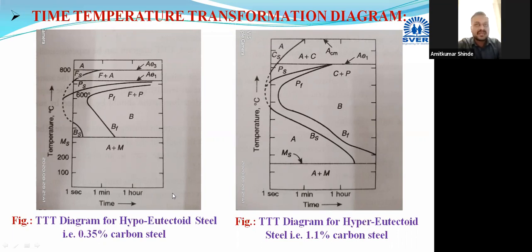But what will happen in terms of the effect on the phase transformation, that is pearlite, bainite, and martensite?